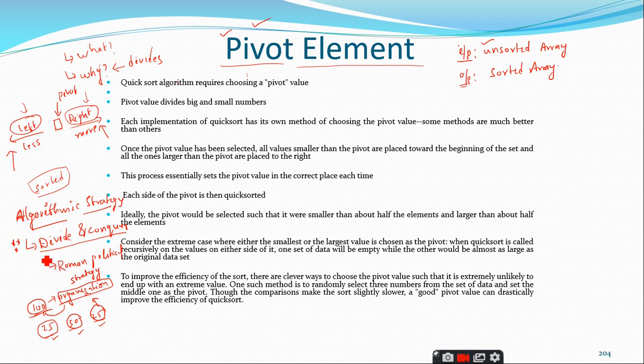So, whatever the largest problem we have, they will divide it into smaller pieces and try to find the solution for the smaller pieces, and finally, they will combine the solutions for all these smaller pieces to get the solution for the larger piece.